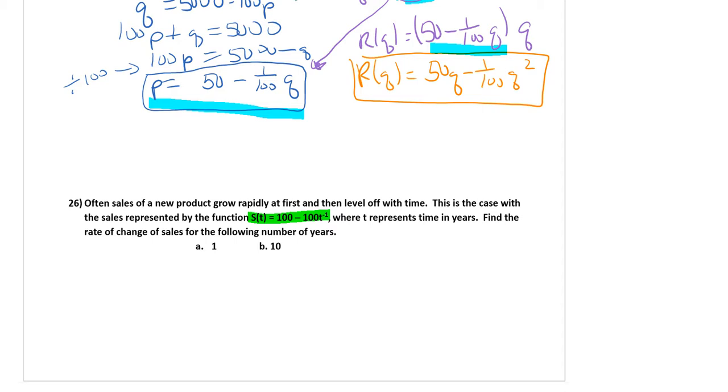Find the rate of change of sales for the following number of years. Rate of change means find the derivative. It didn't say it in that form, but that's what it's saying in terms of years, which already is what the formula is. So take this piece, take the derivative, and then evaluate at those values.